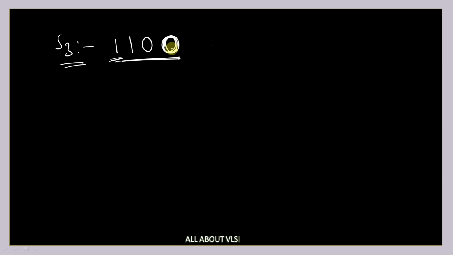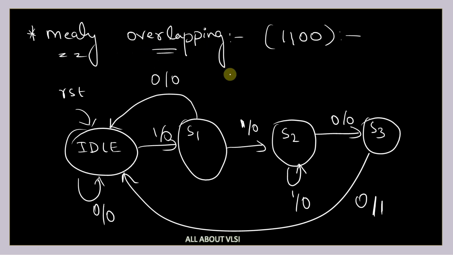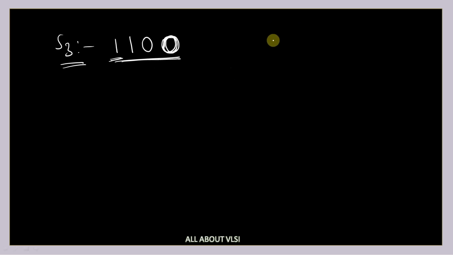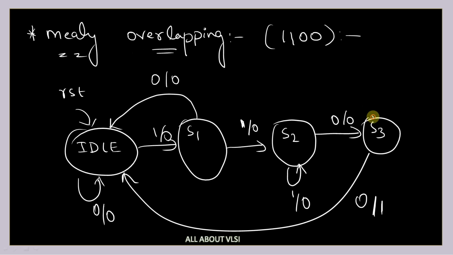I cannot use it for overlapping also. Now if I am in S3 state, I have the sequence 110, and if I get 1, then I can reuse this 1 for making the sequence 1100. That's why I'm going to a state which is known as S1 state. If my input is equal to 1, output is equal to 0.